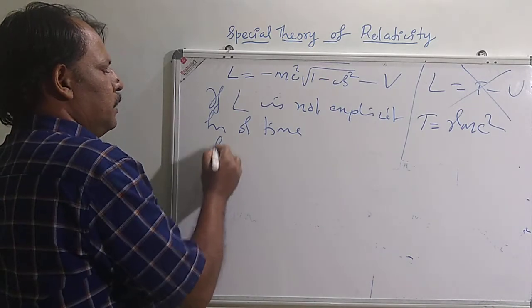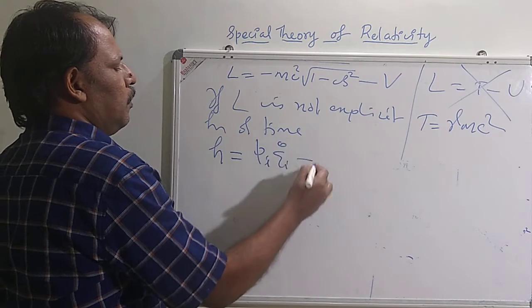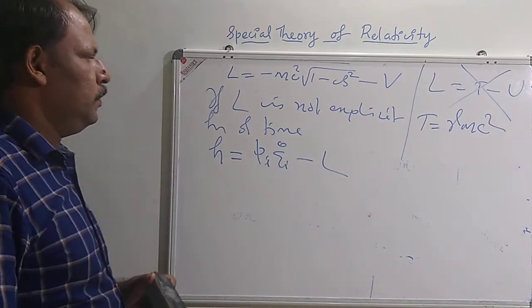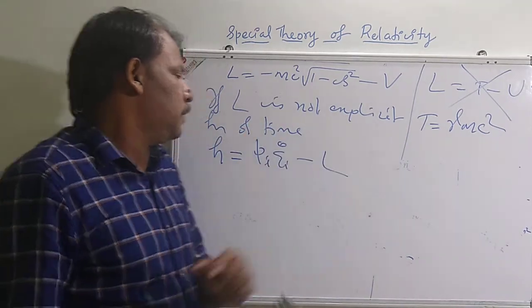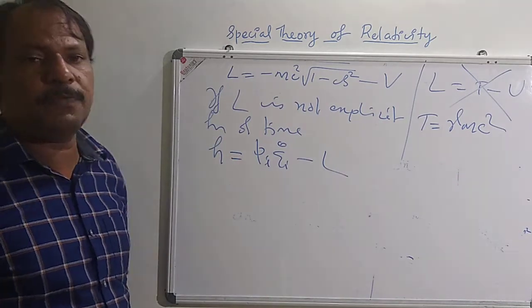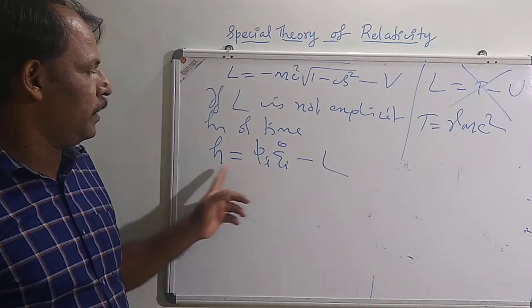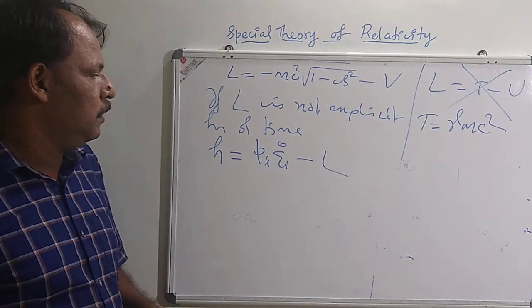The constant of motion H is defined as p_i q_i dot minus L. So if L is not an explicit function of time, then the energy function H should be a constant of motion. H is defined as p_i q_i dot minus L.